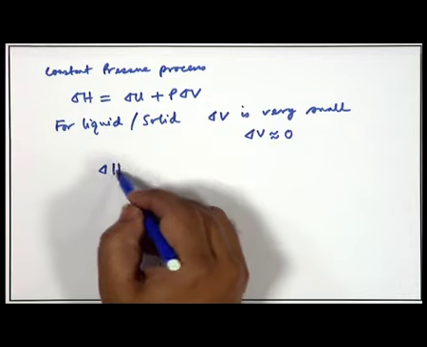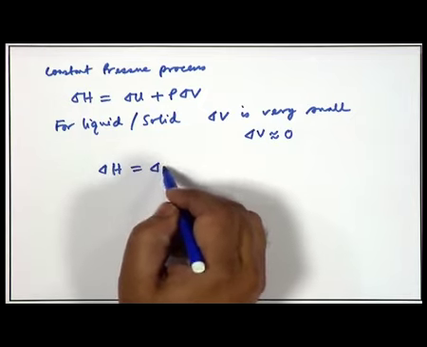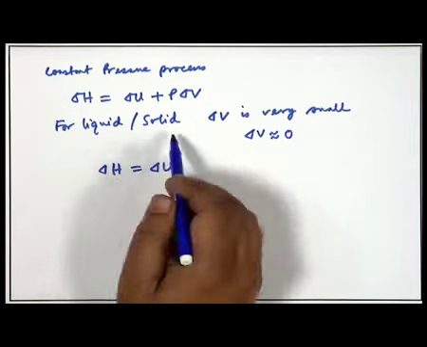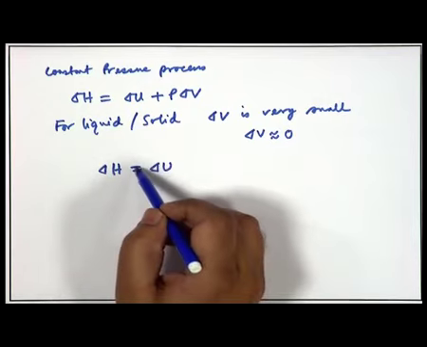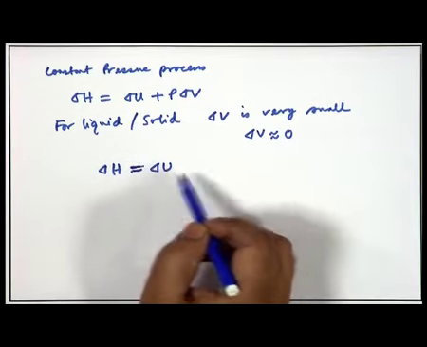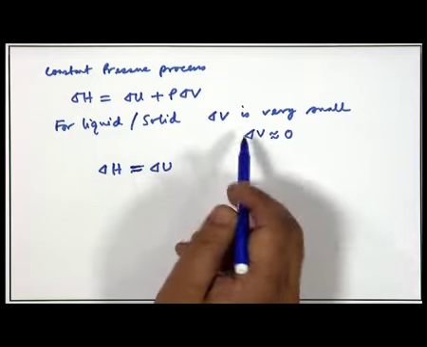So, delta H is equal to delta U for solid and liquid. These are very close, not exactly the same, but because the volume is very small.